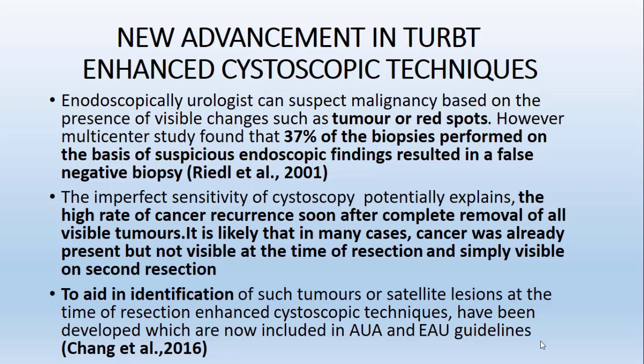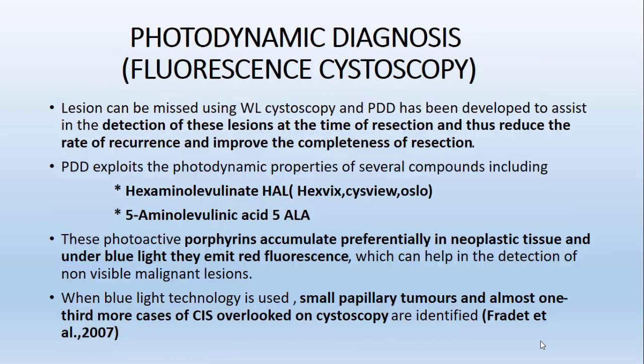To aid in identification, more techniques have been developed, which are enhanced cystoscopic techniques that help in diagnosis and resection of the bladder tumor. So, photodynamic diagnosis, fluorescence cystoscopy. Lesions can be missed with white light cystoscopy, and photodynamic diagnosis has been developed to assist in the detection of these lesions at the time of resection, and thus reduce the rate of recurrence and improve the completeness of resection.